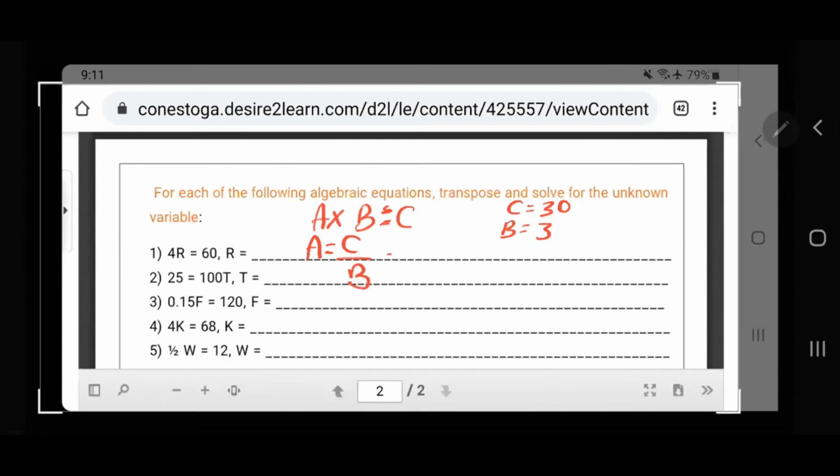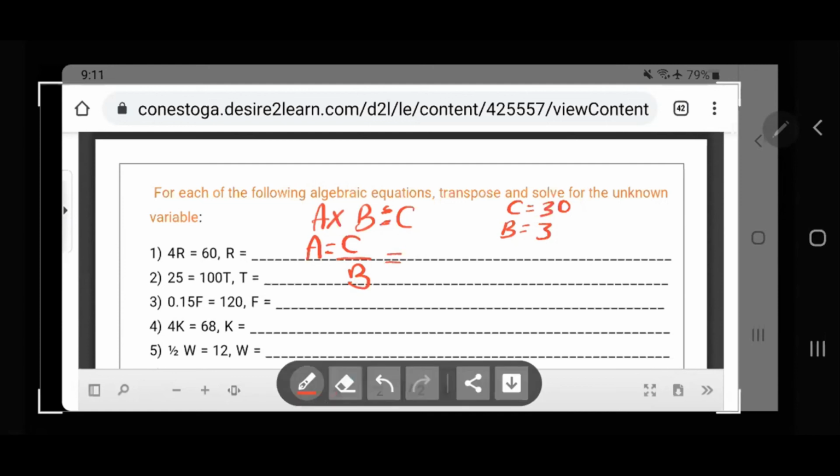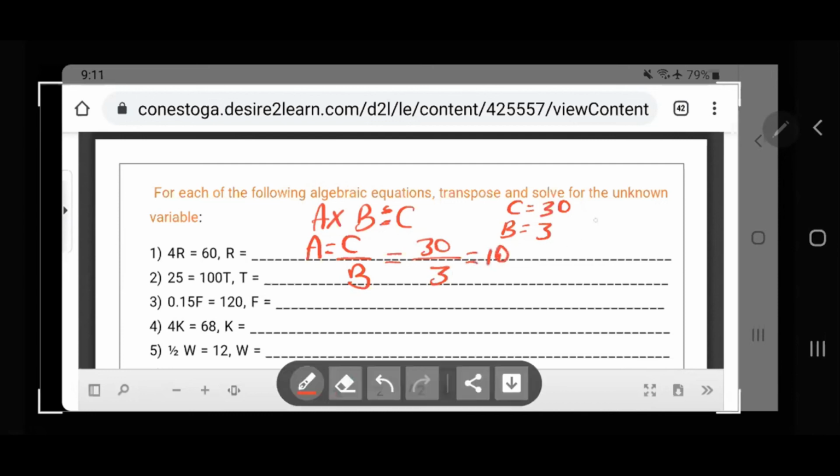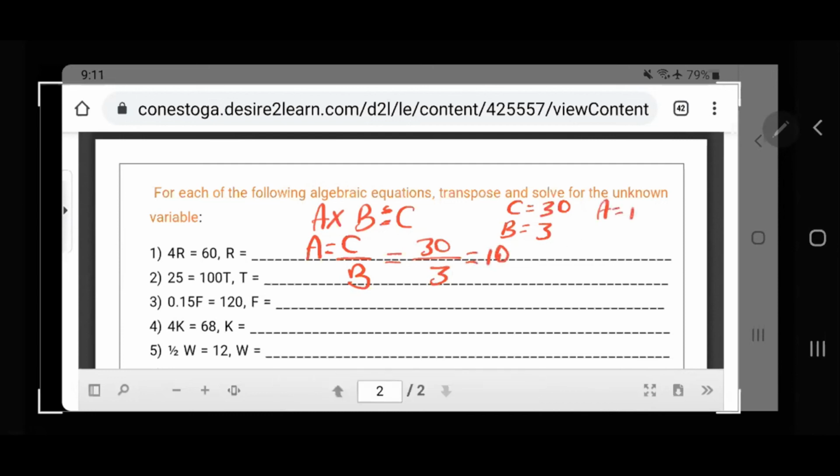So when we substitute the variables by the numbers, we have 30 divided by 3, and that will give us 10 for A. So A is equal to 10.